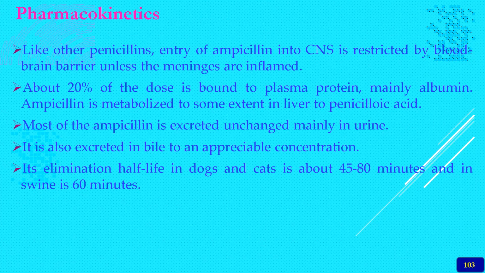Ampicillin is metabolized to some metabolites, especially in the liver, like penicilloic acid. And most of the ampicillin is excreted unchanged in urine. So it becomes the drug of choice, especially in susceptible microorganisms causing cystitis. It is also excreted in bile at an appropriate concentration. Its elimination half-life in dog and cat is 45 to 80 minutes.